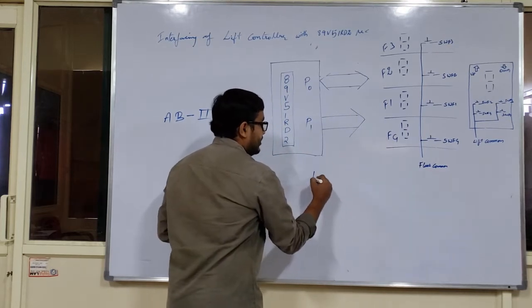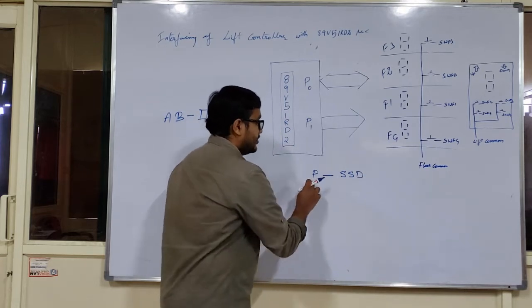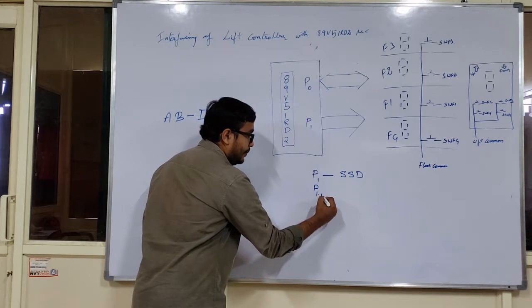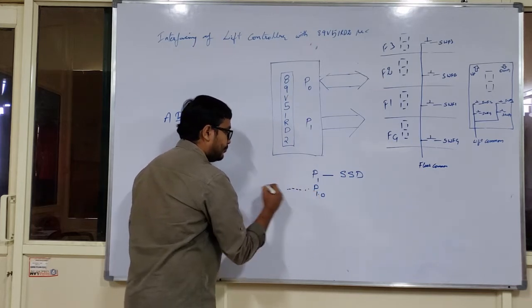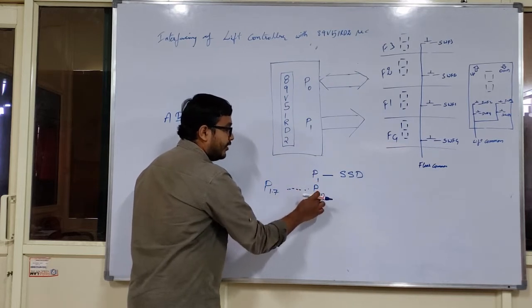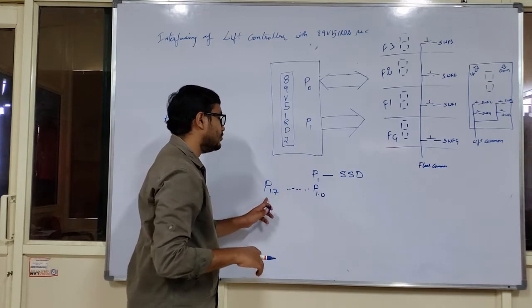So this P1 is connected to the 7-segment display. P1 has how many pins? P1 has pin 1.0 up to pin 1.7. I can also call them port 1.0 to port 1.7.